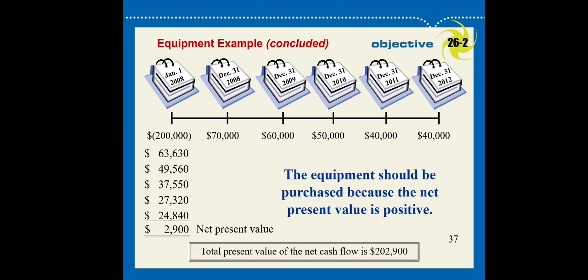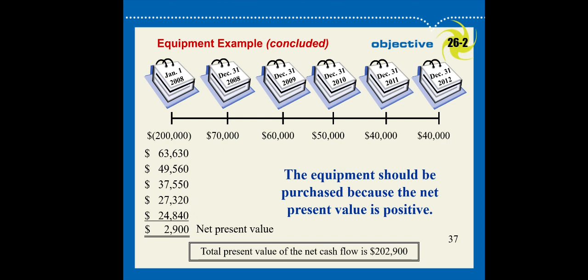So when you see that, then the decision that has to be made is to purchase the equipment, or to say yes to the investment in the equipment. If the net present value is negative, then you have to say no.